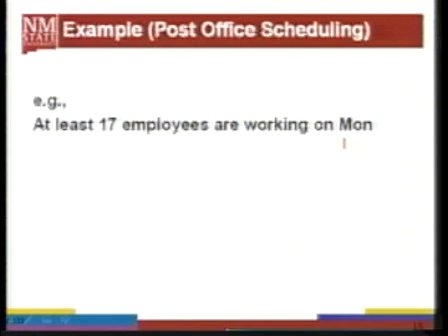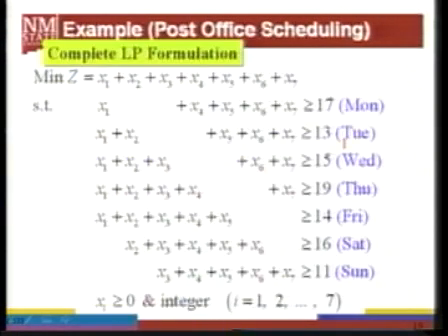Also, to ensure that at least 17 employees are working on Monday, for example, we require the constraint x1 plus x4, x5, x6, and x7 is greater than or equal to 17, right? And adding similar constraints for the other 6 days of the week, and the sign restriction, which is xi greater than or equal to 0 for all i, will yield the following complete LP formulation, right?